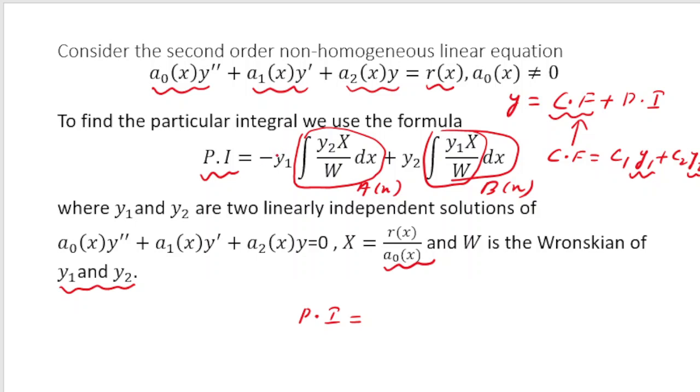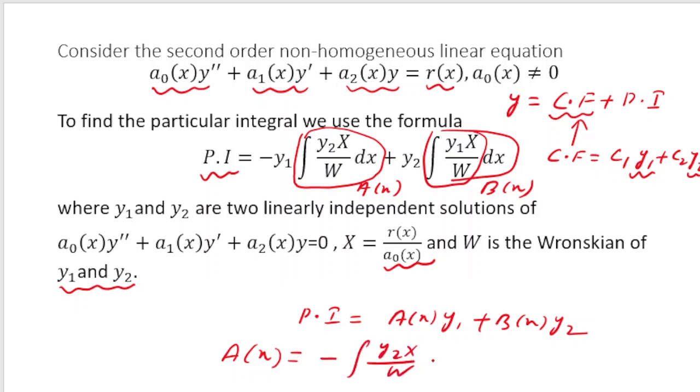So when they write this ax into y1 plus bx into y2, again I rewrite for avoiding any confusion, where ax will come with this minus sign also, that is minus y2x by w dx, and this bx will come to be y1x by w dx.